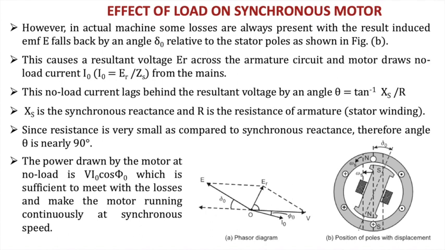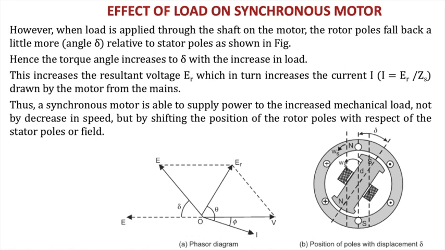Now if you increase the load, the rotor lags behind the stator field by an angle that is known as the power angle, and this power angle or torque angle increases. Therefore delta increases, and because of the increase in delta, there will be more phasor difference between E and V. So ER will be larger, and if the resultant EMF is larger, naturally the current drawn from the supply side will be more.